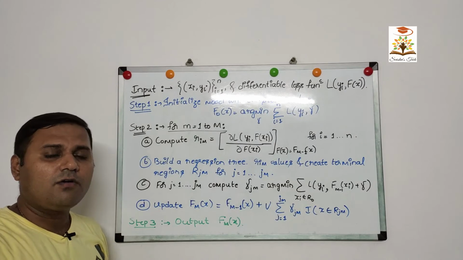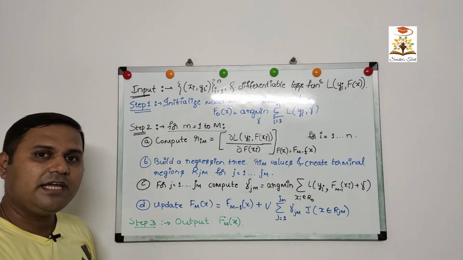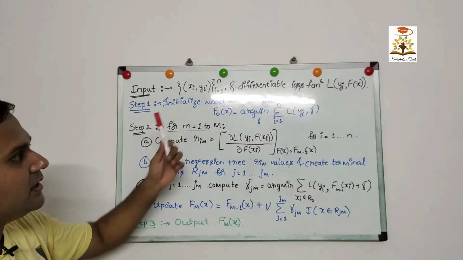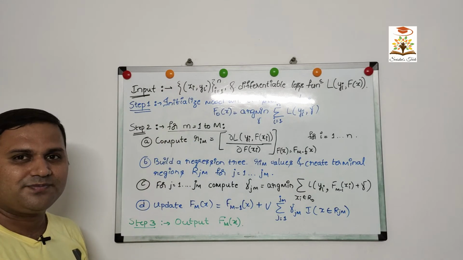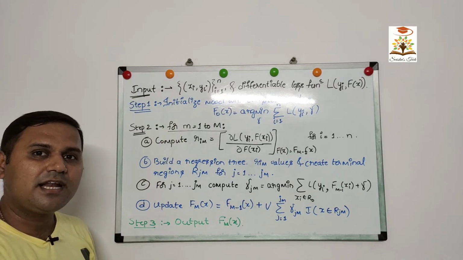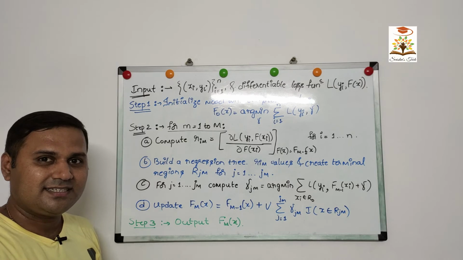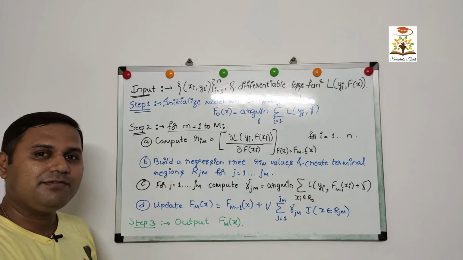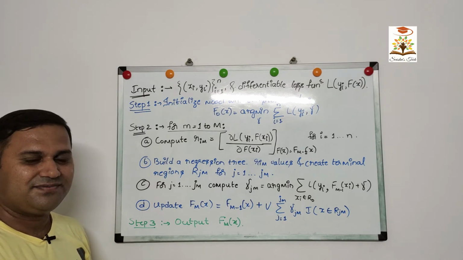In step 1 of our process, we initialize a model with a constant value. In our case, we utilized the log of odds, which was previously used in the example.